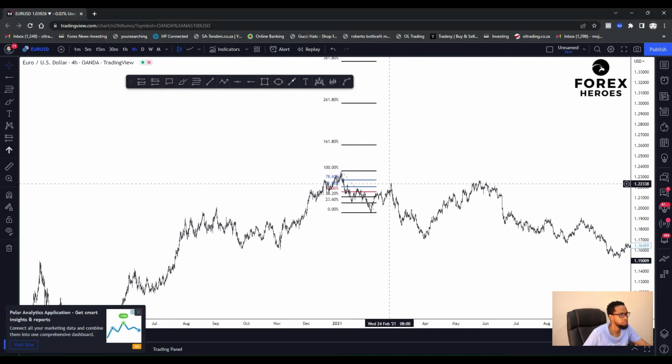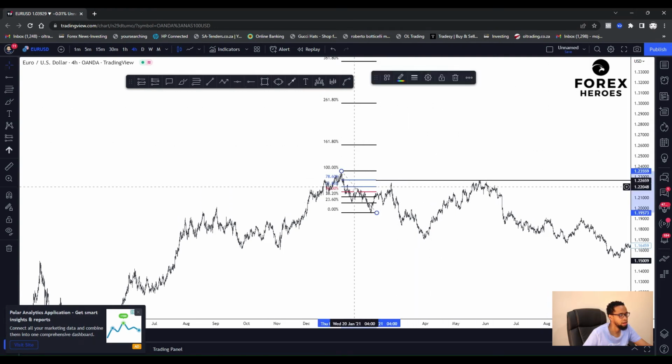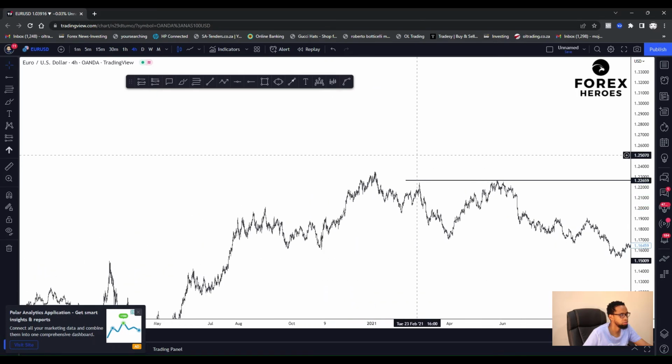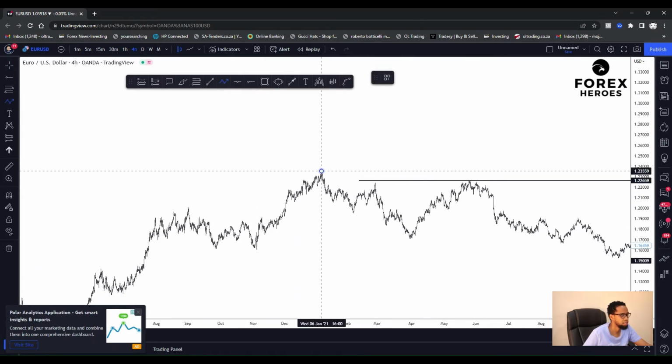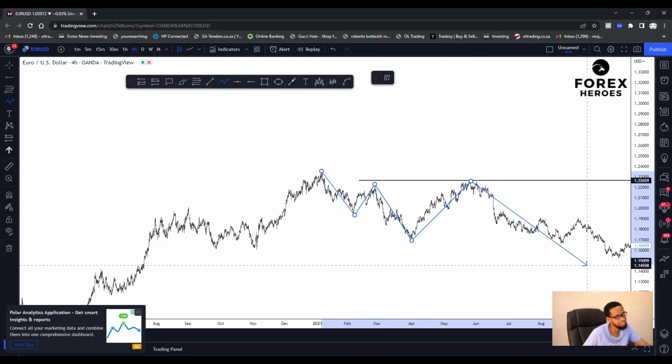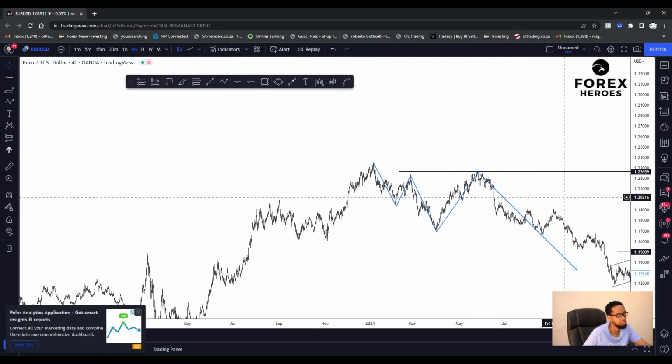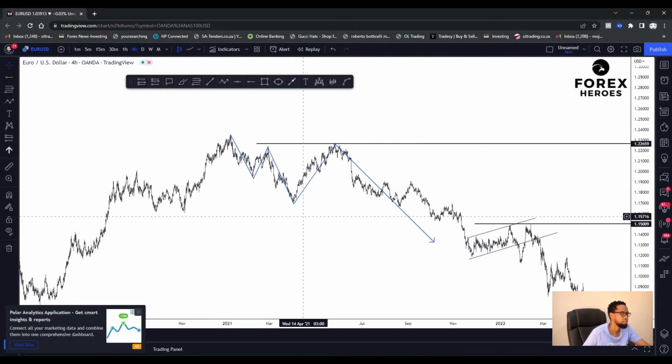Now on 4 hour, you can see, look what happened here, guys. Look, you see the market pushed here, came here below 78.6, came here, and then touched this, then it was gone. You see, this is what is happening.